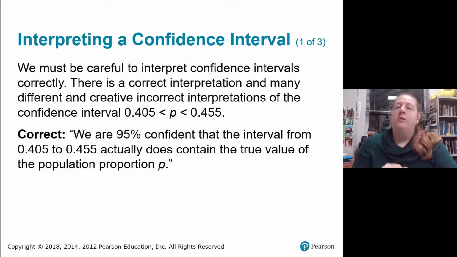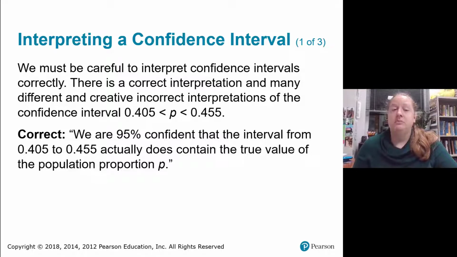When we say that we have a 95% confidence interval that p is, say, between 0.405 and 0.455, there are both correct and incorrect interpretations of this that are very common to hear.